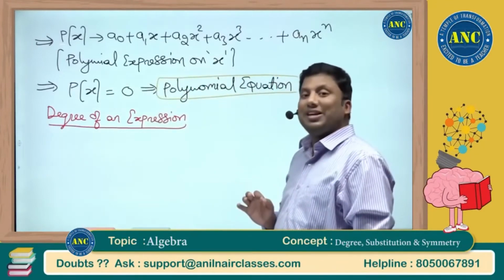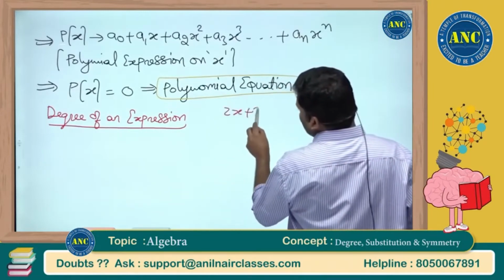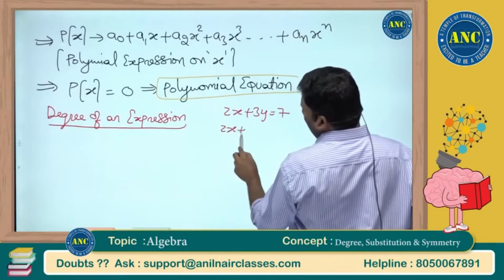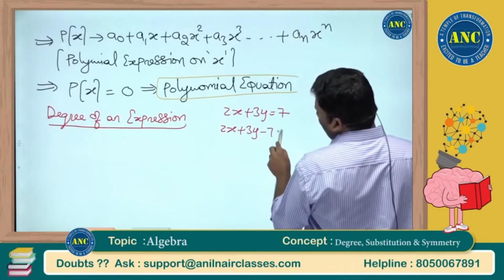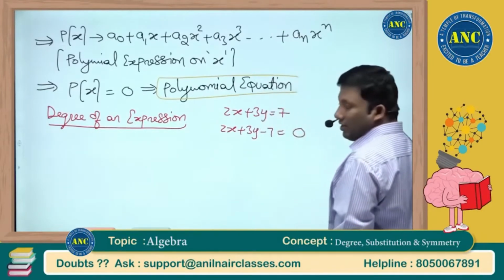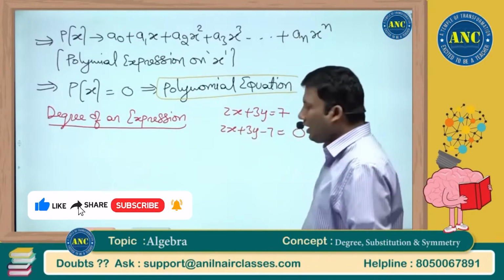But before we discuss the degree of an expression, suppose there is 2x plus 3y equivalent to 7. So it is 2x plus 3y minus 7 equivalent to 0. These two are separated by a mathematical operator.